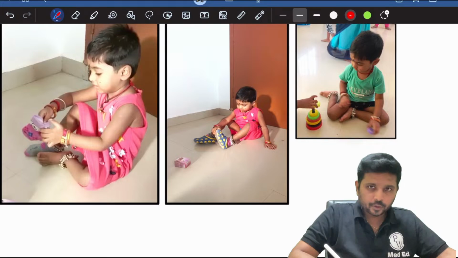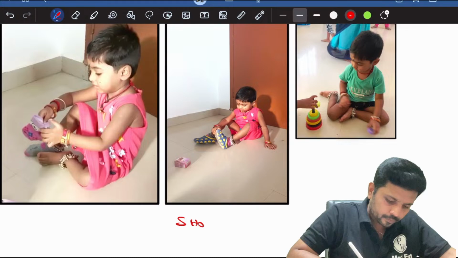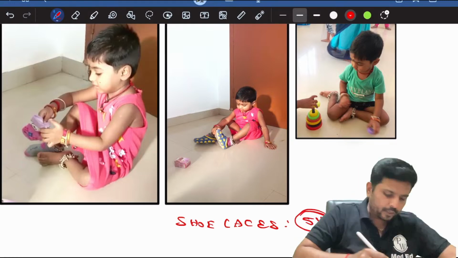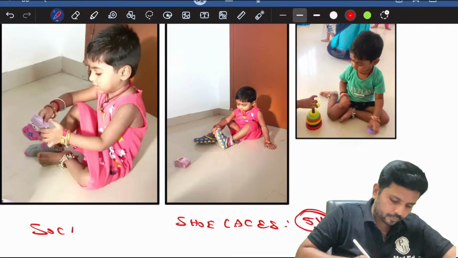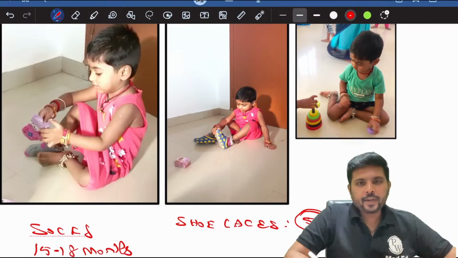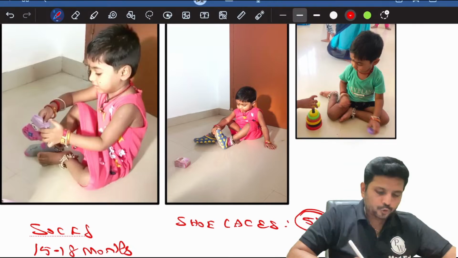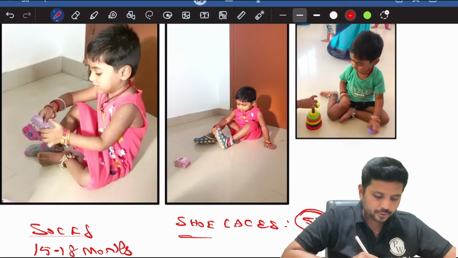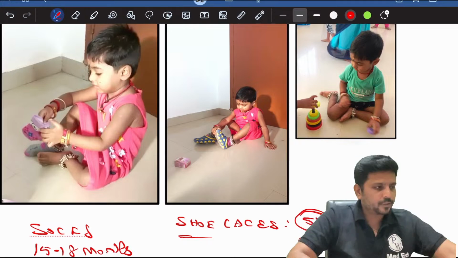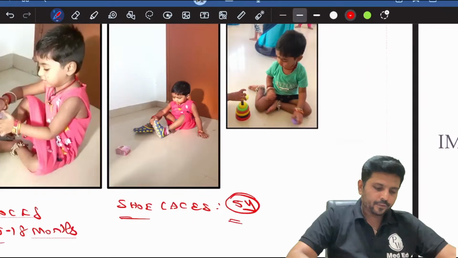Shoelaces by about 5 years. Putting socks by about 15 to 18 months.